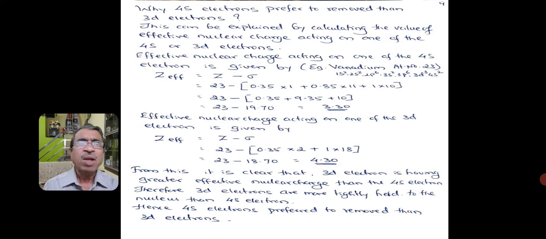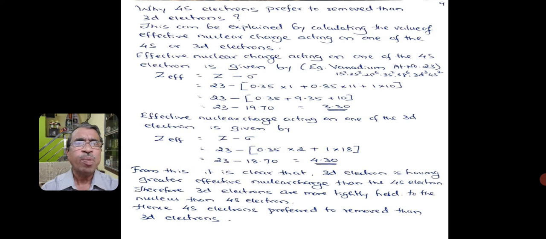Now let us calculate the effective nuclear charge acting on the 3d electrons in vanadium. When I take the 3d, even though the 4s contains 2 electrons, their contribution will be 0. Therefore, effective nuclear charge is equal to 23 minus the screening constant. In the 3d, there are 3 electrons. You are calculating for 1 electron, so 2 more electrons will be there.